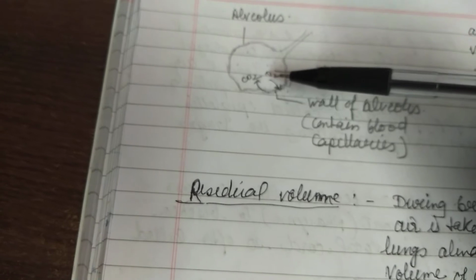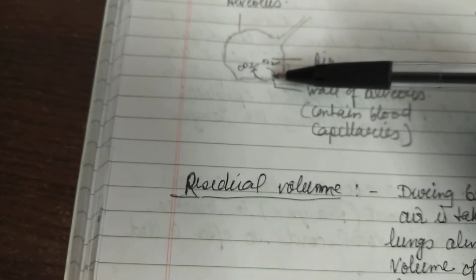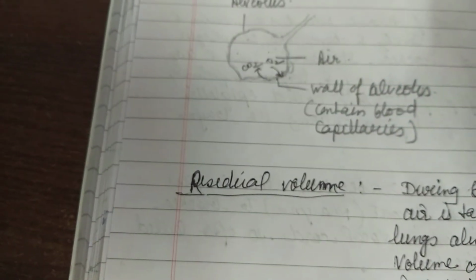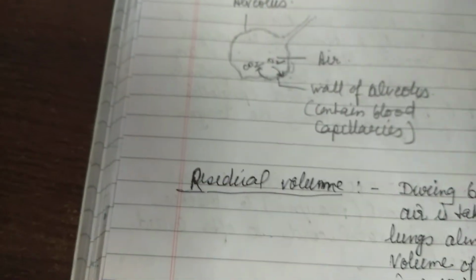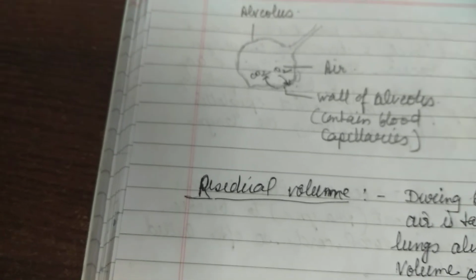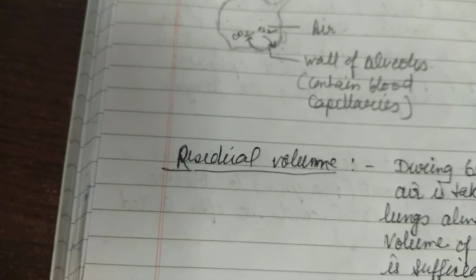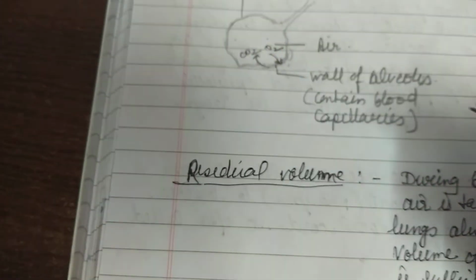Because of this difference in diffusion pressure, or partial pressure as we also call it, this exchange of gases takes place, right? But this process alone is not sufficient. We need more oxygen for the body, right? This alone won't meet our requirement, right?